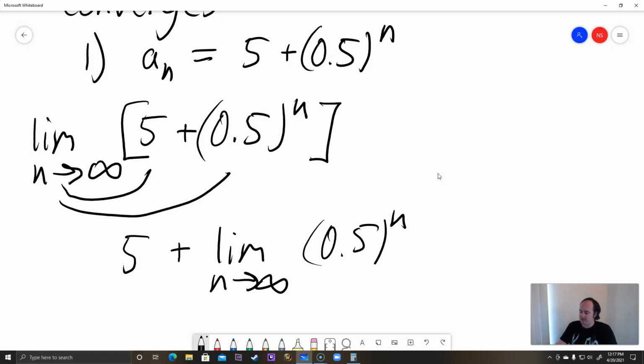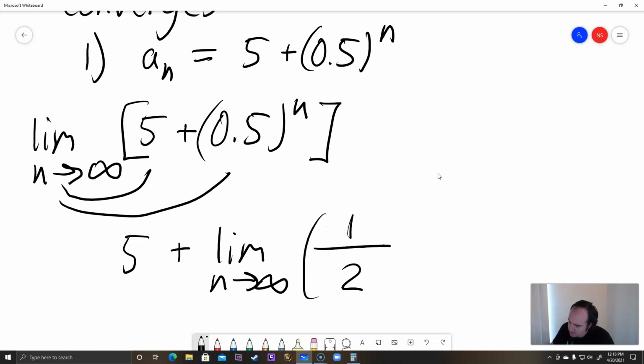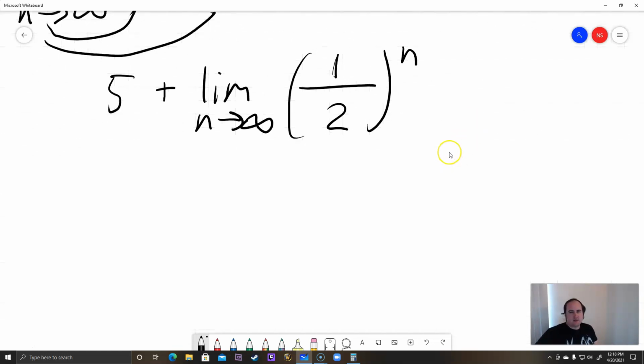Now with 0.5 to the n, remember that 0.5 is the same as 1/2. So instead of writing 0.5 to the n, I'm going to write it as 1/2 to the n. And then we can distribute the n to the numerator and the denominator.